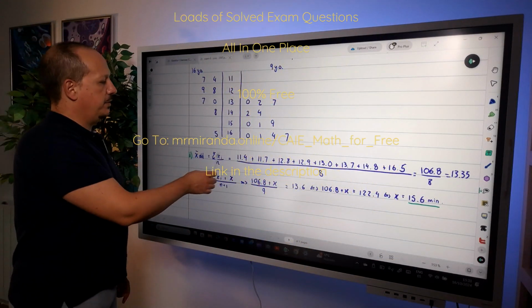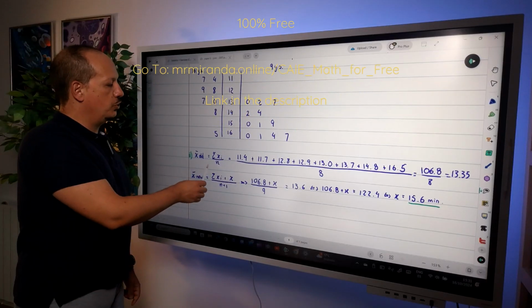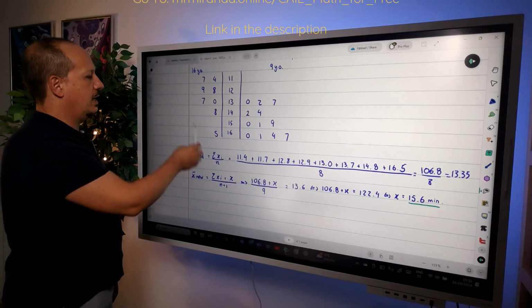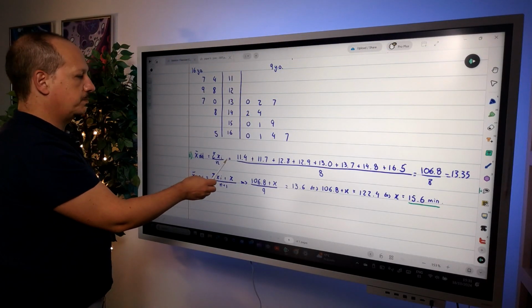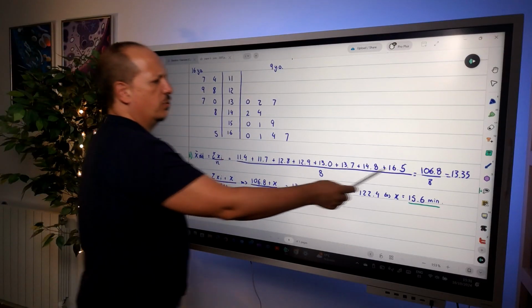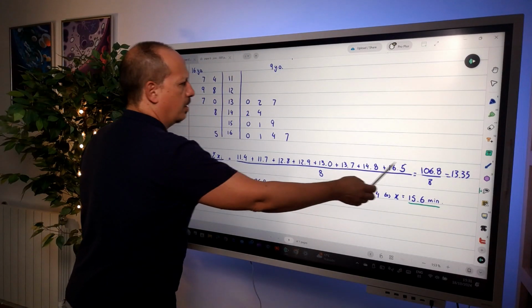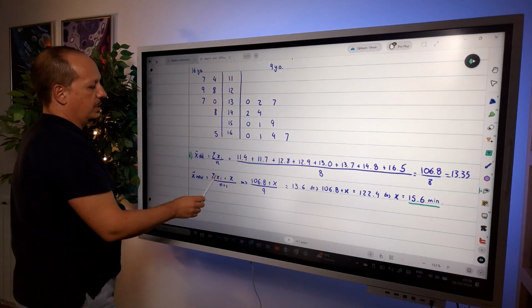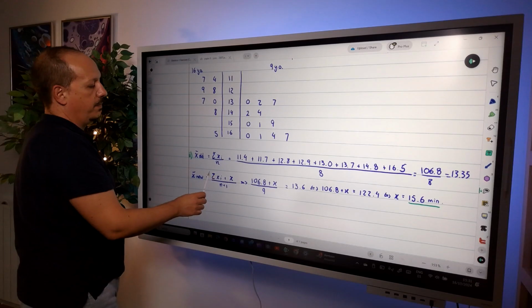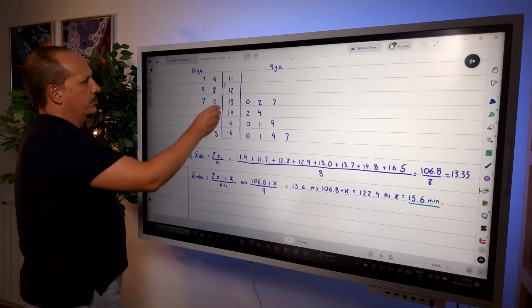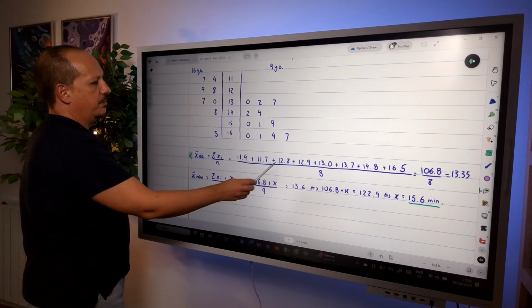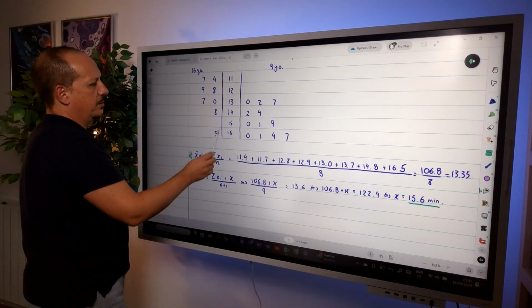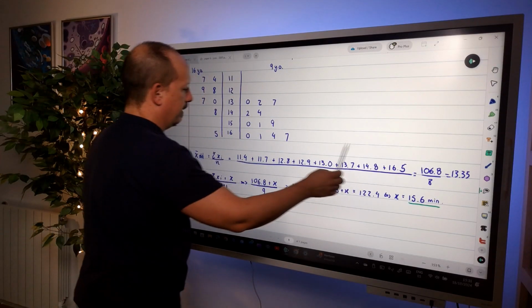So here you have the calculation that you need to perform in order to get the mean that you had before. So actually you don't need this value over here. You just need this top part. You need to add all these times so that you put them over here. And you do 11.4 plus 11.7 plus 12.8, and so on, until the 16.5.